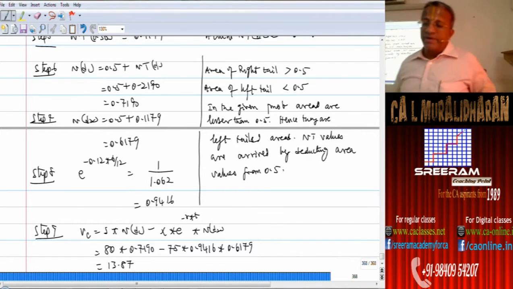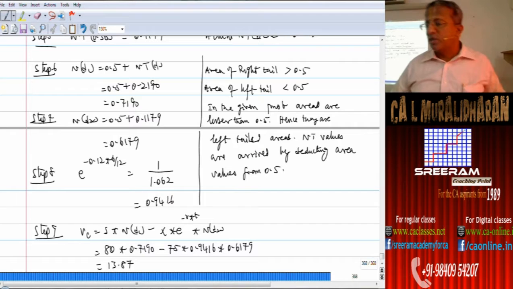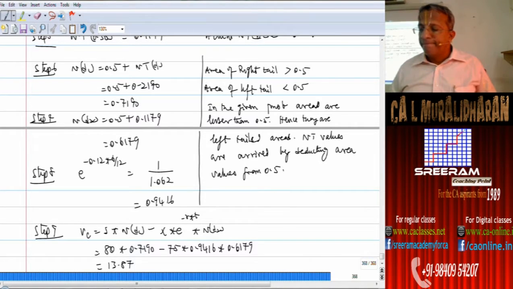Hence, they are left tailed areas. Normal table values are arrived at by deducting area values from 0.5.